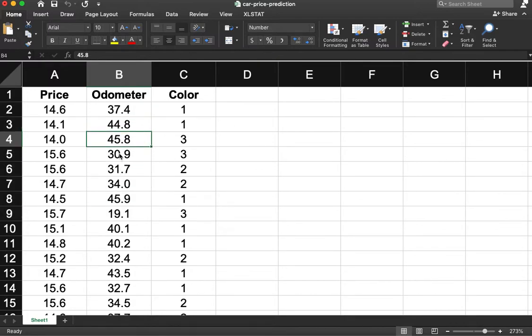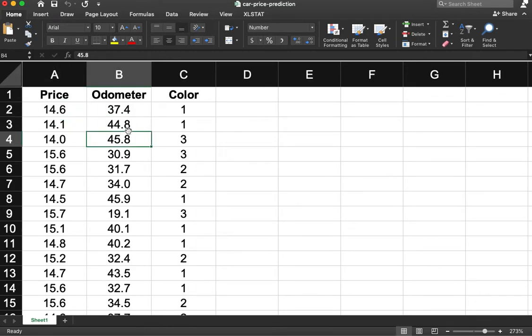So more miles means less price. It does not make sense to say that given a price, that would have that many miles. So because it's $15,000, we don't think that that is really going to mean it has a certain number of miles in the odometer. So the relationship is going from the odometer to price.